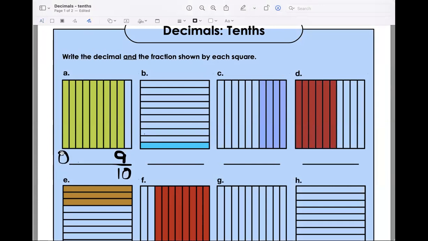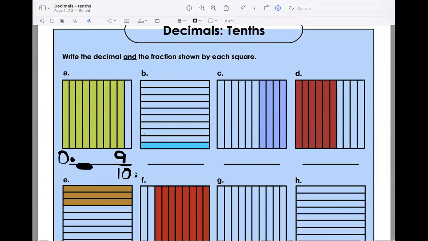Then we will have our decimal point. To get to the next number, we need to have a good understanding of place value. That very first digit right after the decimal is the tenths column.